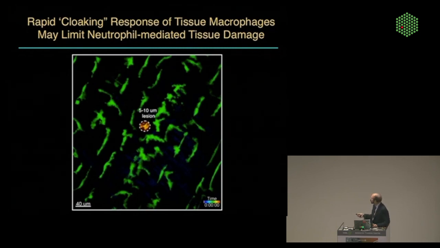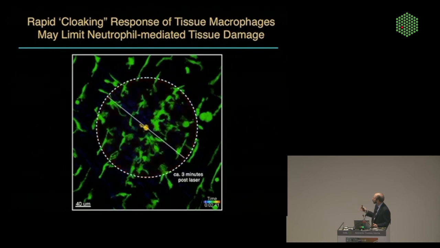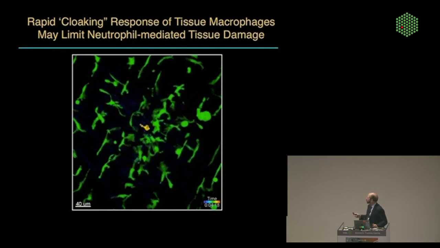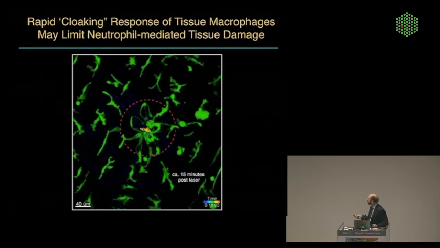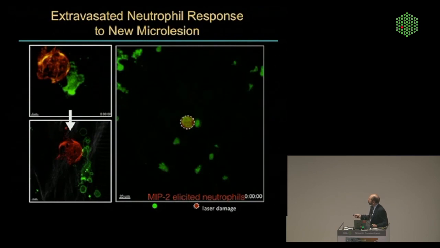And so here is a lesion now the size of an individual cell. And we immediately, within a few seconds to minutes, get this sensing response from the nearby macrophages, and over a few minutes, they send out processes without moving their cell bodies that basically cloak or encase the damaged area. So what happens when that process takes place?